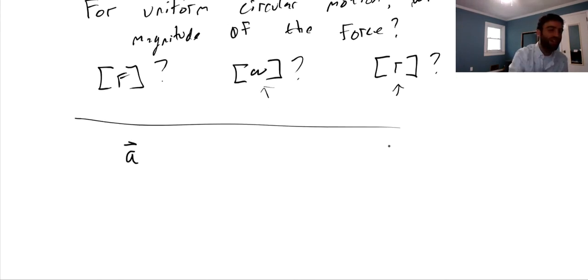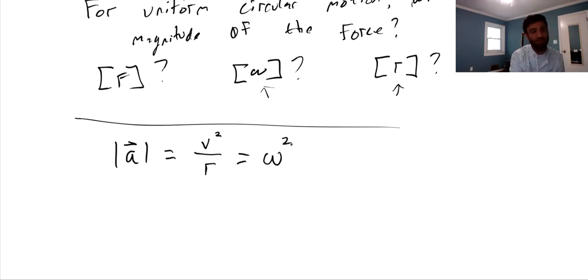Okay. Well, if I think about the magnitude of this acceleration, this turns out to be whatever your linear velocity is squared divided by the radius of that circle. And that's the same as the angular velocity of the rotation squared multiplied by the radius of the circle.